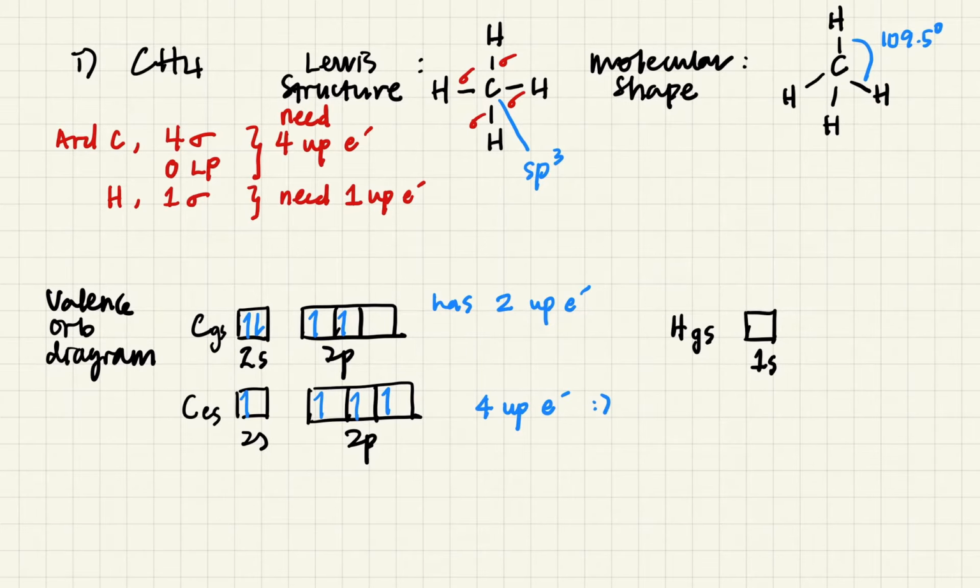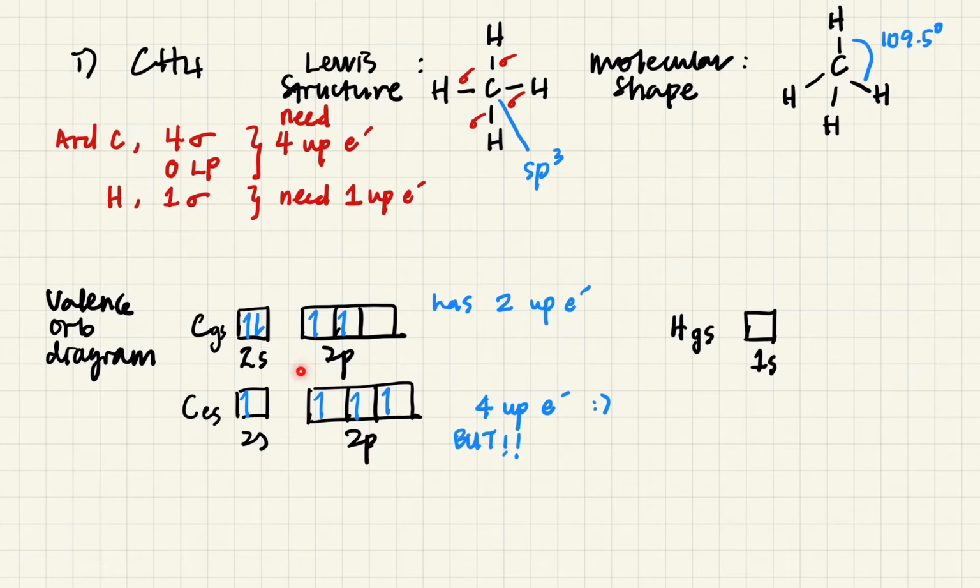But look at your orbitals. Your unpaired electrons are in different orbitals. These orbitals are not of the same shape, nor do they have the same energy. So that is not good because then your overlap will be inefficient later.